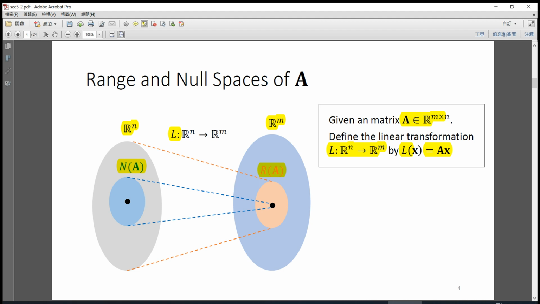And we know that both the null space of A and the column space of A are subspaces, and therefore the null space of A will contain the zero vector in R^n, and the column space of A will contain the zero vector in R^m.